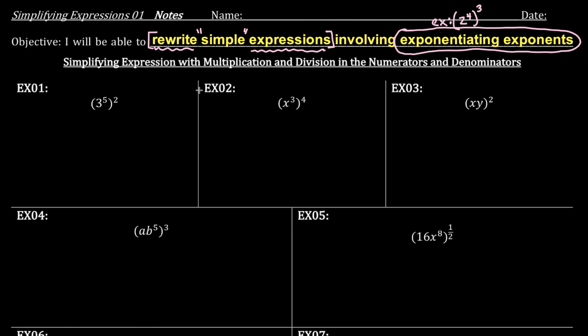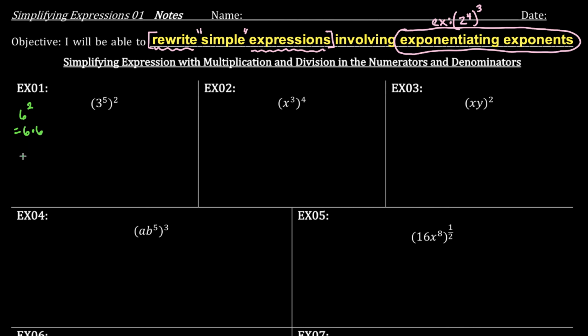All right, so example number 1. This is 3 to the 5th to the 2nd power. I want to remind you, let's say I had 6 to the 2nd power. That is 6 times 6.